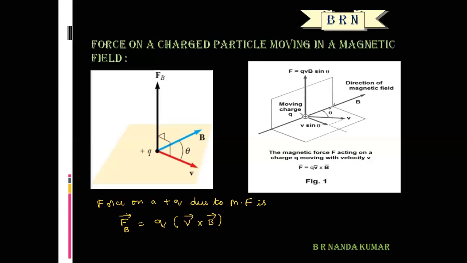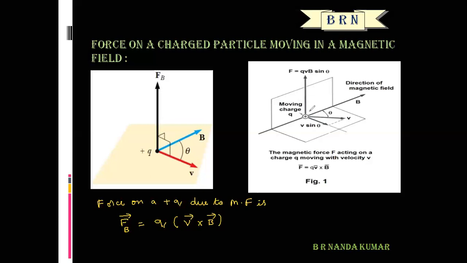Here we have to imagine a rectangle. Theta is the angle made by V vector and B vector. The base component of V vector is V cos theta, along the direction of magnetic field. And V sin theta is perpendicular to B vector and perpendicular to F vector.